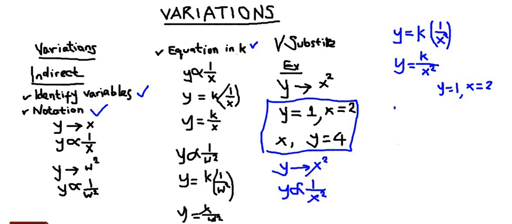Where there is y, we put 1 equals K over x, which is 2, so 2 squared. So 1 equals K over 4.